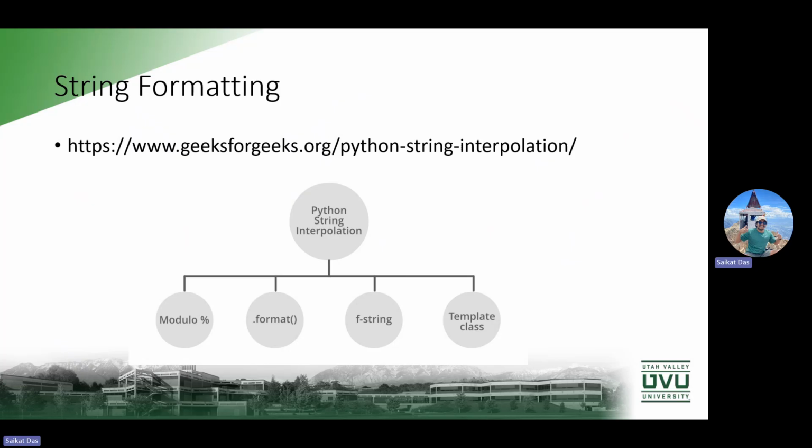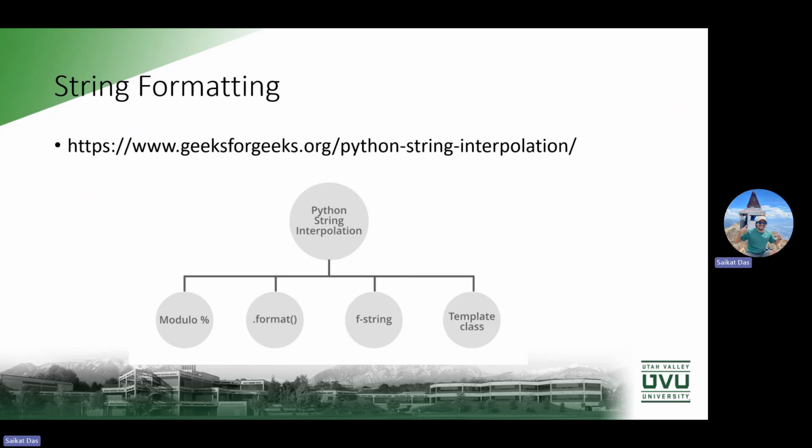Now, how can you write a string and a number all together? You already have done those things for your assignments, but I'm just giving you some hints here on how you can do that. There are four different ways. The first one is the modulo operator, then the dot format method, then the f-string, which is the most promising, and the template class, which is for the object-oriented type of thing, but we are not discussing the template class in this class. Mostly we'll be discussing the f-string because it is very popular.